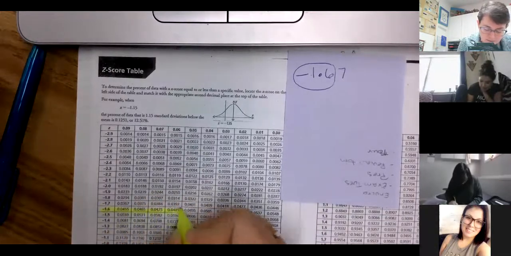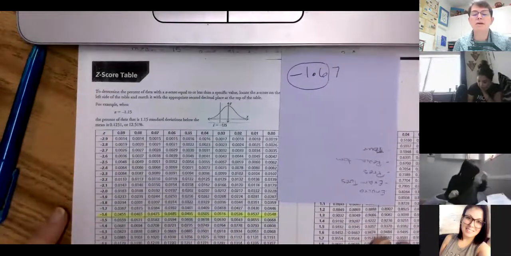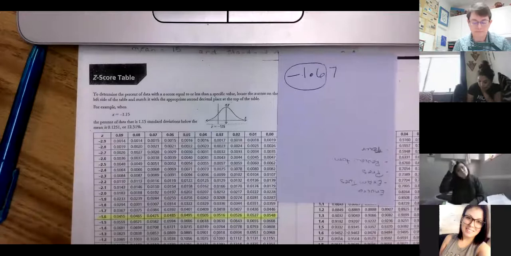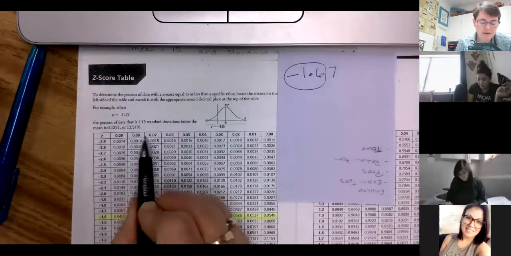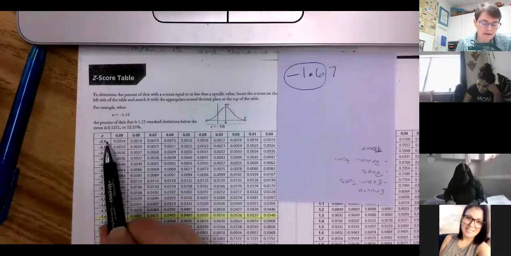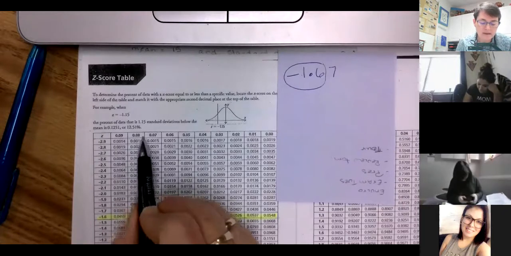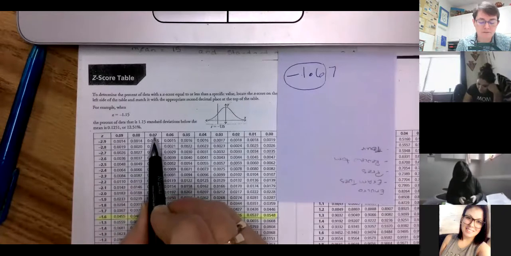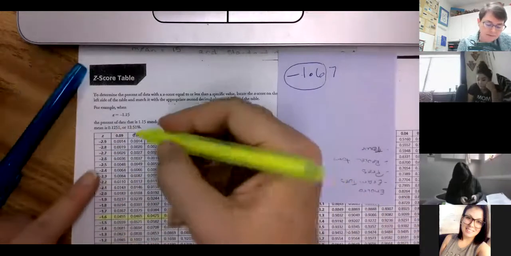And I take my highlighter. And I know my answer is somewhere in that row. And then the 7, I have to read it, and it's weird because this side is backwards. It starts at negative 2.9 and it goes towards 0. And this part kind of feels backwards to me too. But I find the 0.07. So this is my other one.